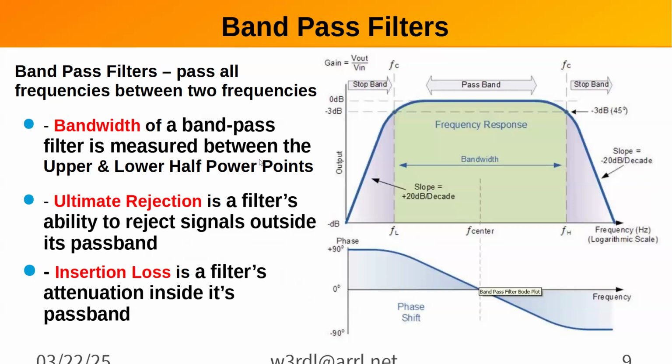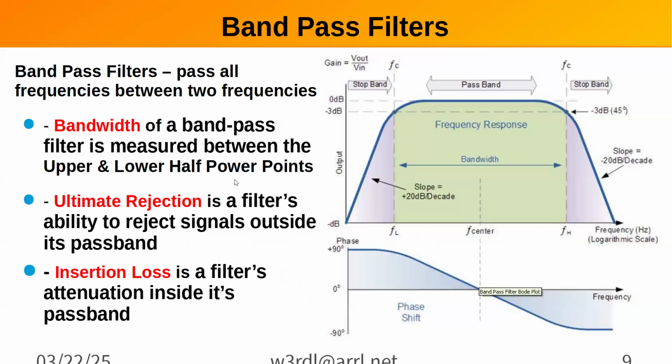And we call that outer band the ultimate rejection, which is its ability to attenuate or reject signals outside the pass band. So for a good bandpass filter, you might want it to be 70, 80 dB down at maybe twice the frequency out there.